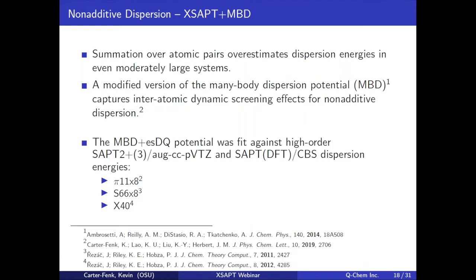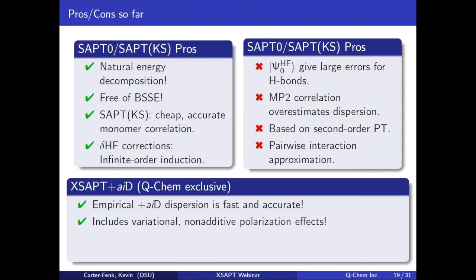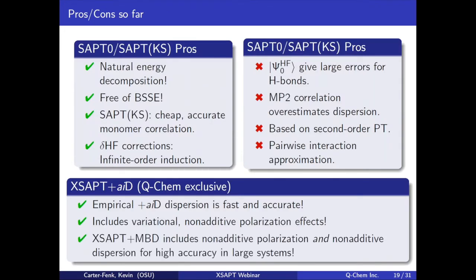And the X40 data set is a set of 40 halogenated molecules at the equilibrium distances. So XSAPT plus MBD then includes non-additive polarization and non-additive dispersion effects, and it tends to give us very high accuracy in large systems.